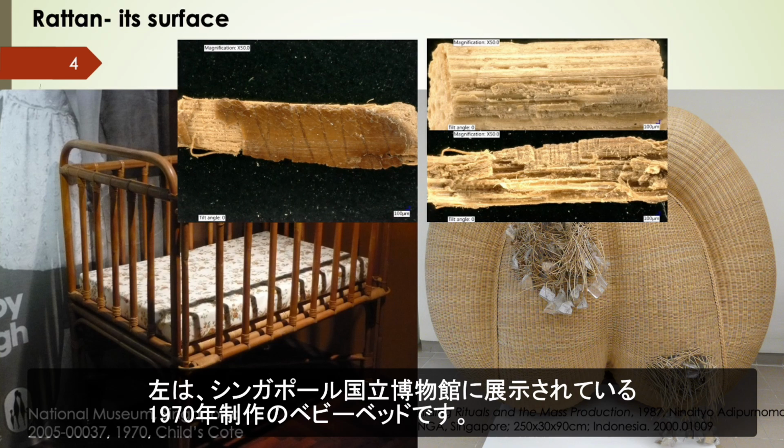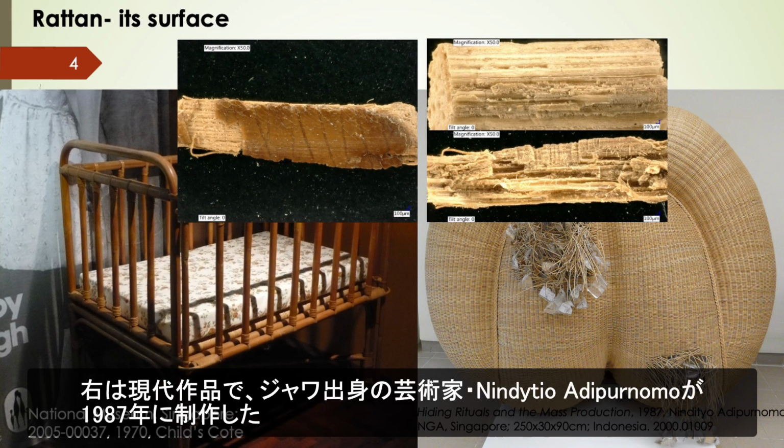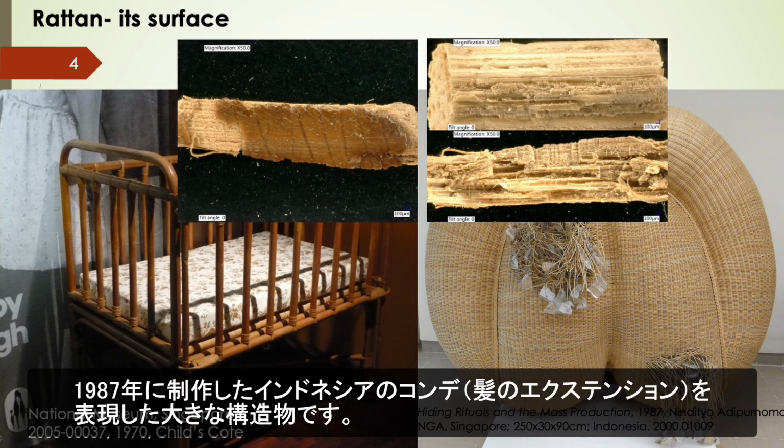It's currently on exhibit at the National Museum of Singapore. On the right, you see a contemporary artwork, which is a large structure representing Indonesian konde, created by a Japanese artist, Nindito Adipurnomo, in 1987.